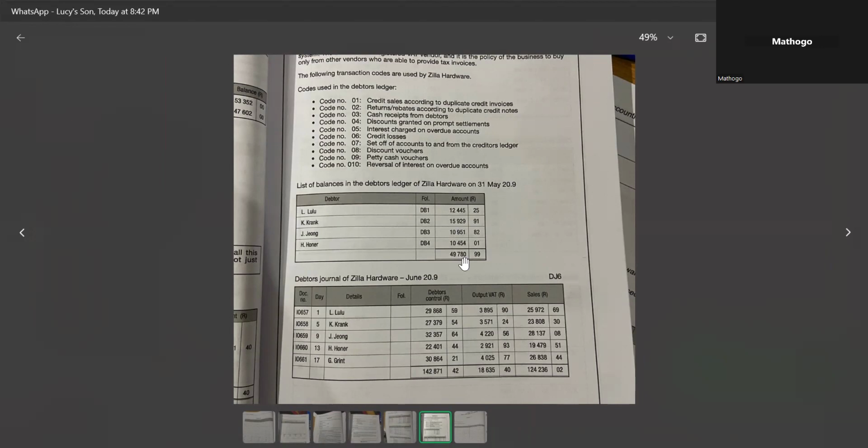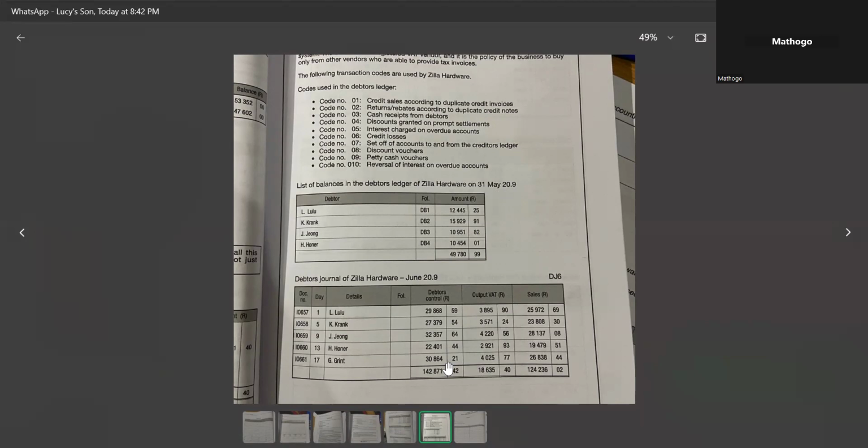It was 49,780.99. So this is the closing balance on the debtors ledger in the previous month of May. If it is the closing balance in the previous month, in the current month which we are looking at, which is the month of June, it becomes the opening balance in the debtors ledger. Are we together? Yes, sir.